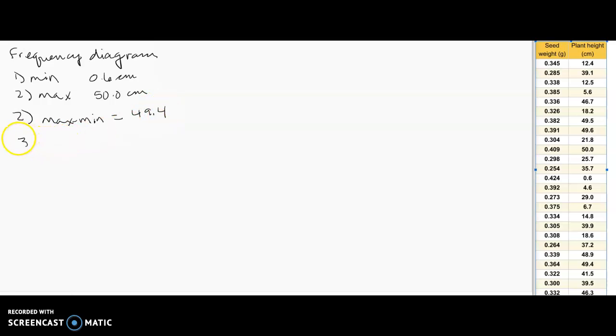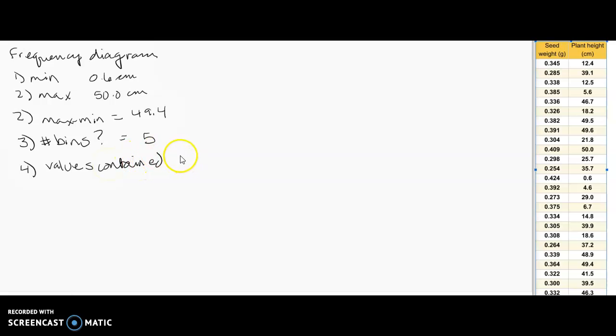I then decide on my number of bins, and I generally just start out thinking about a round number, so let's say 5 in this case, because we don't have a huge number of plants. So we'll do 5 here. And so I then figure out the values contained in each bin.